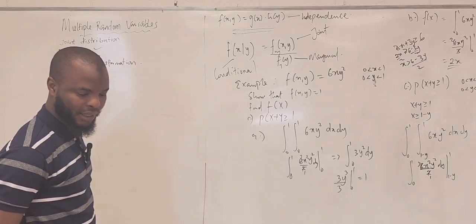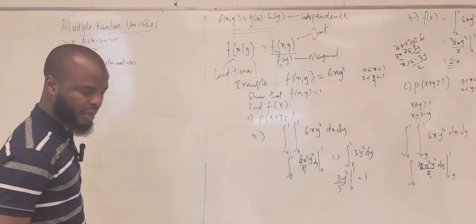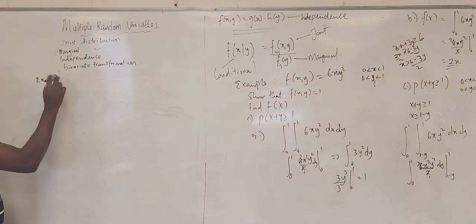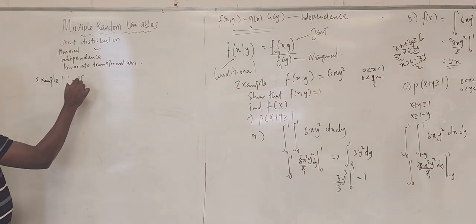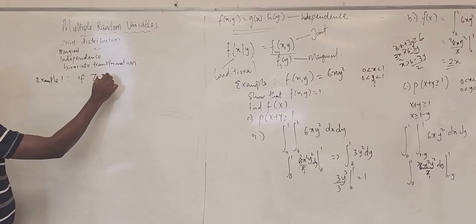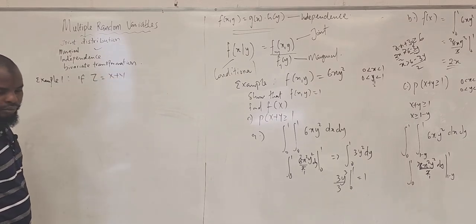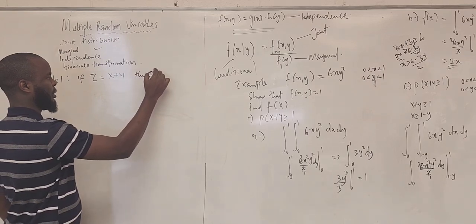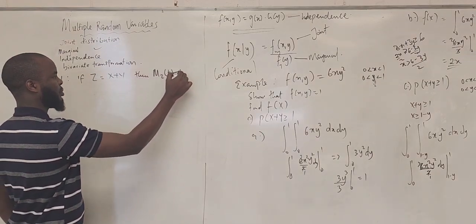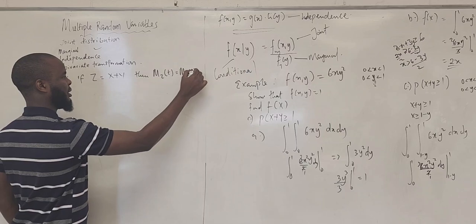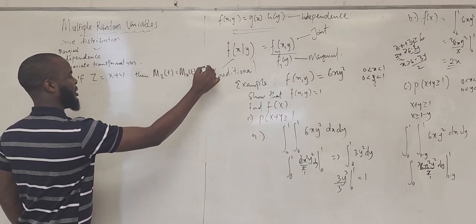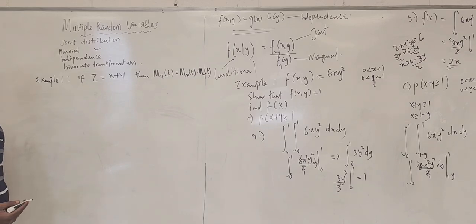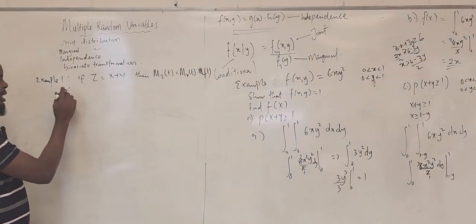Now, look at this example. On MGF, I'm going to give you two examples. If Z equals X plus Y, then MZ of t equals MX of t times MY of t. Can we show this? It's easy, right?